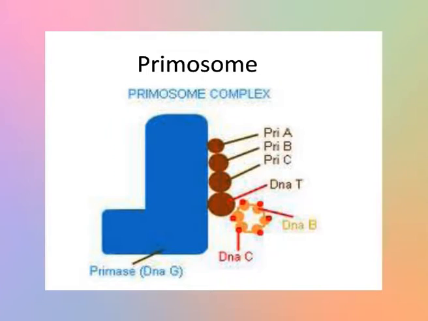When a replication fork is moving and encountering a single stranded break, we know that DNA polymerase 3 has the editing property. Suppose when it encounters a gap, then it can reinitiate by having the primosome structure, having PriA, PriB, DnaA, B activity where DNA polymerase 2 and polymerase 3 can take part.